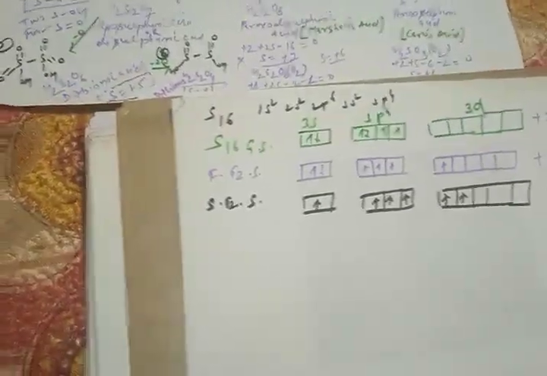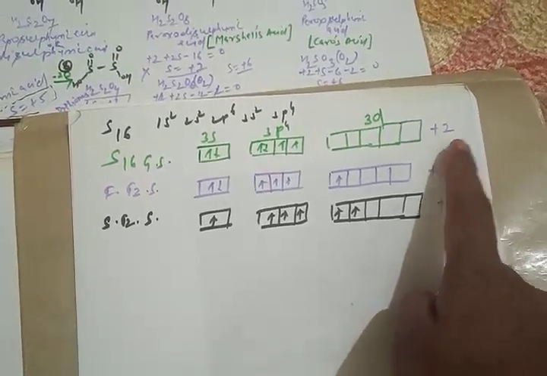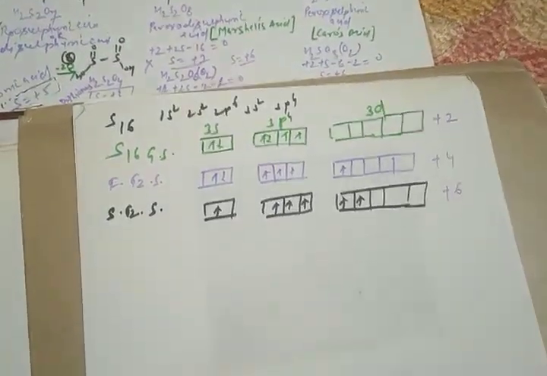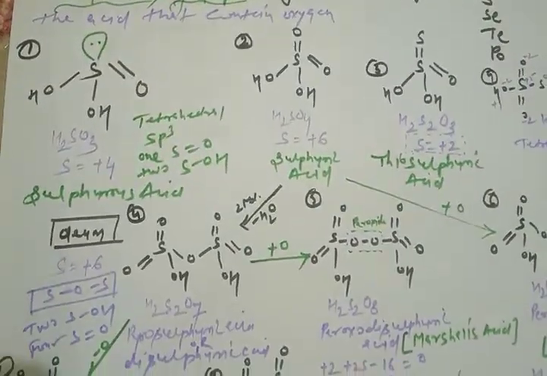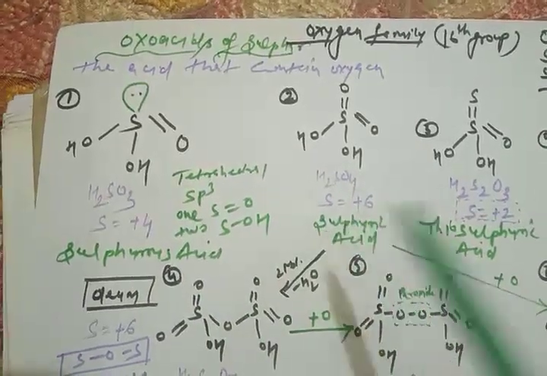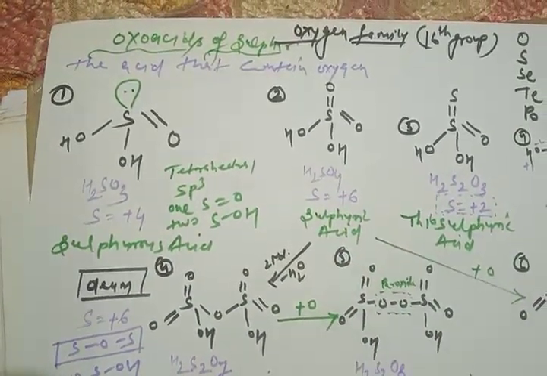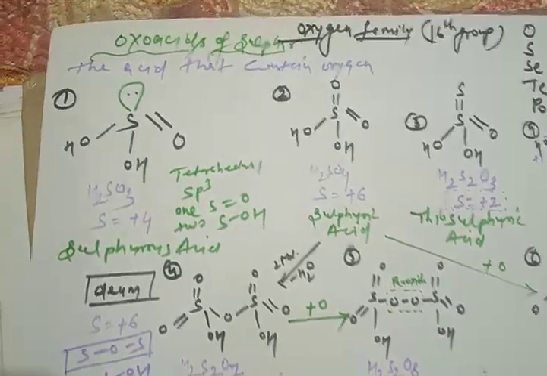It means sulfur can vary in oxidation state. It may form +2, +4, and +6 also. So that is the reason we have different oxidation states of +4, +6, 5 is also there, 2 is there. This is the reason behind this.